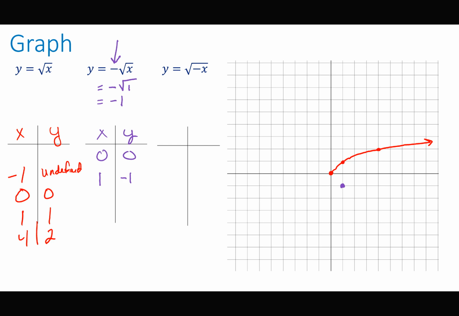So this is an order of operations one. This negative being on the outside, we're going to do the square root piece and then multiply it by negative 1. Or whatever number we get, we just have a negative of that. Okay, same thing, if I were to put 4, square root of 4 would be 2 times a negative 1 would be negative 2. So I'm going to be down here. So that negative, all it did was reflect it across the x-axis.